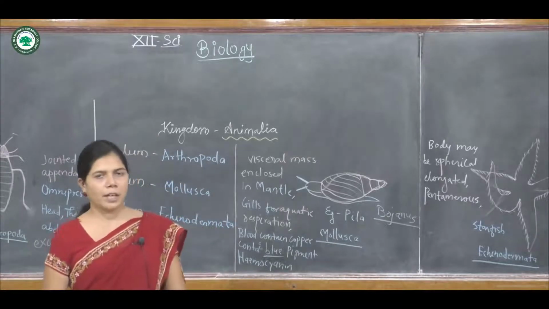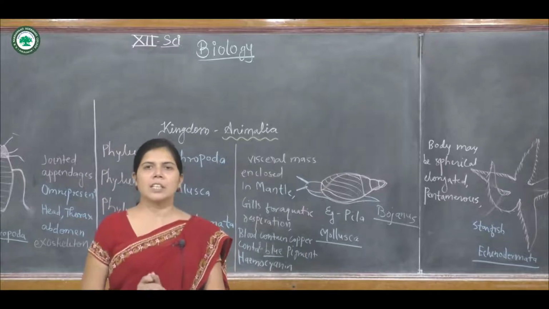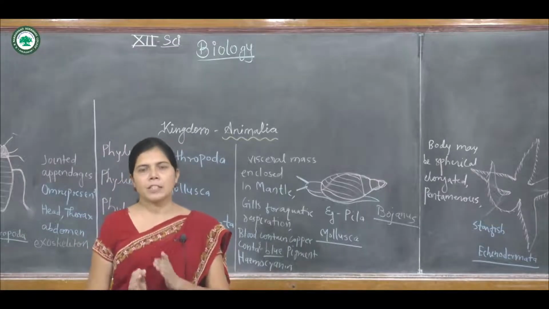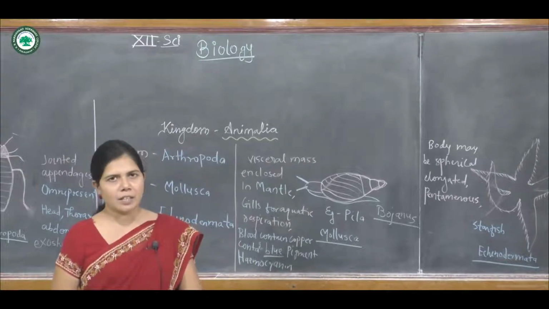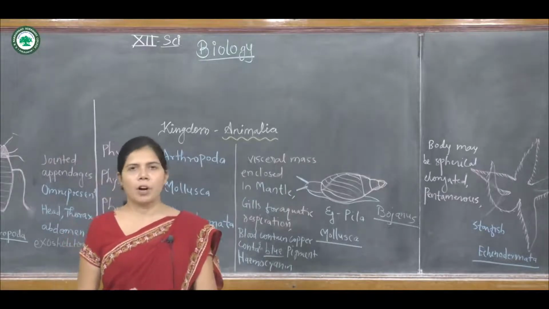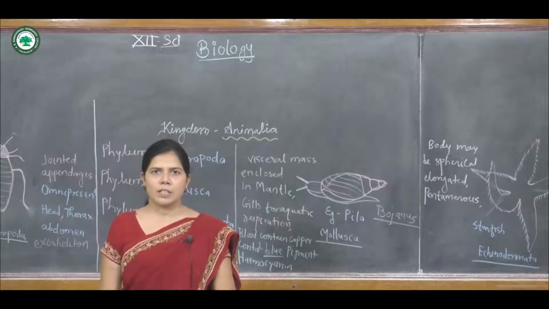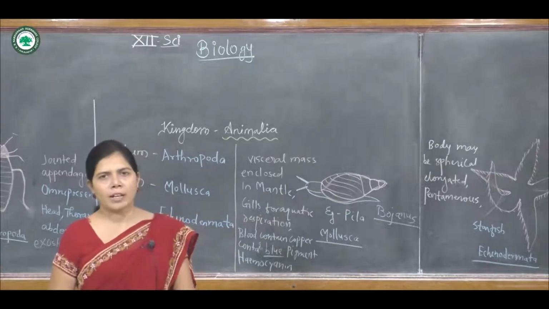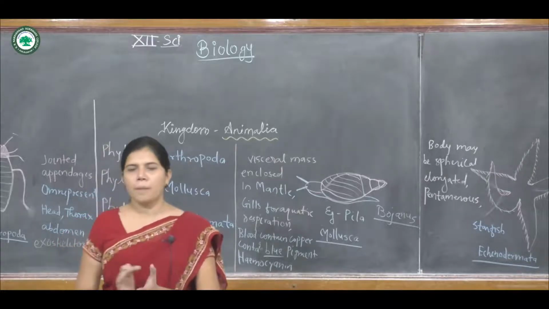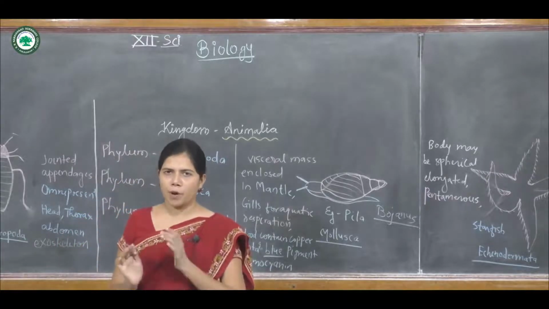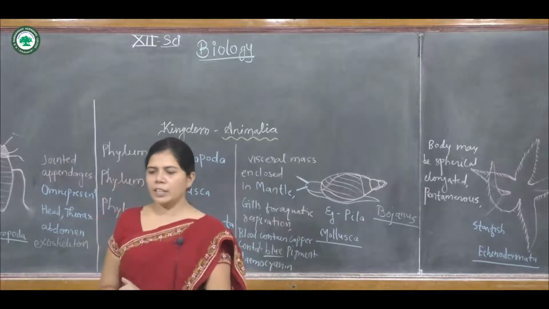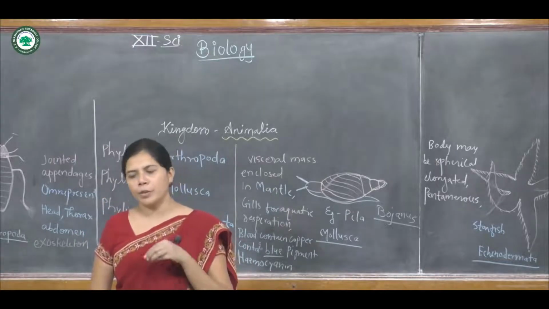The name Echinodermata means spiny skin, which means spiny skin is present on the body of the animal. That's why the name is Echinodermata. The phylum Echinodermata is mostly marine, means the animals are found in the sea or ocean. They are solitary, sedentary, and some are free living.